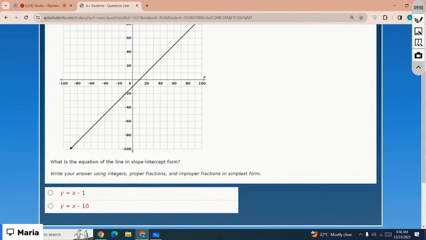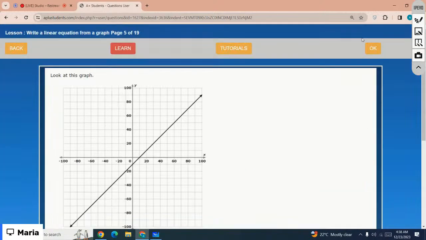The correct option is option number 2. Very good. Y equals x minus 10 is the correct option.